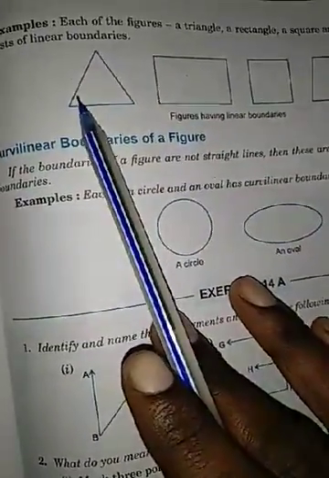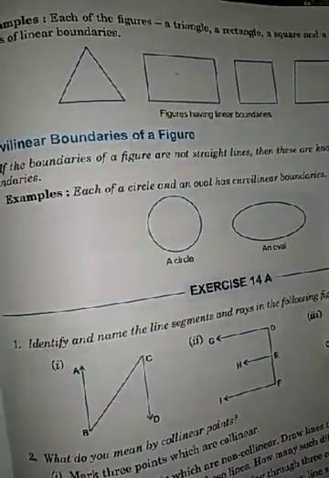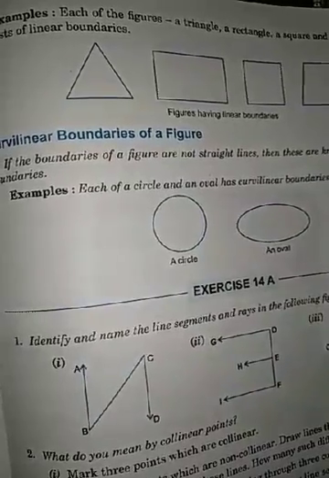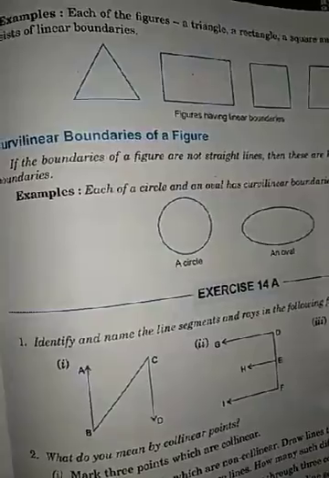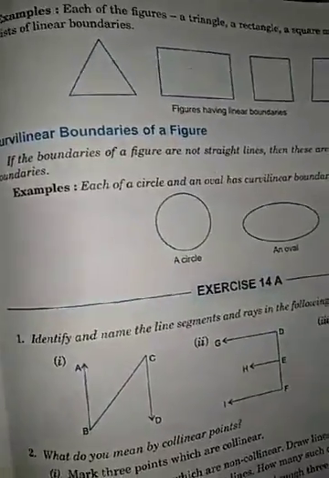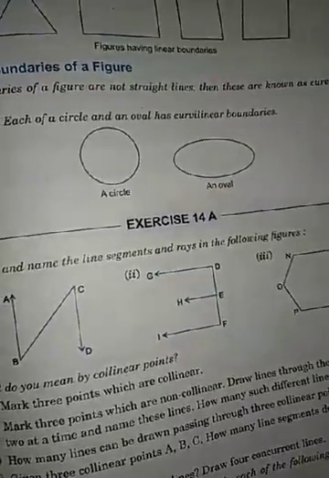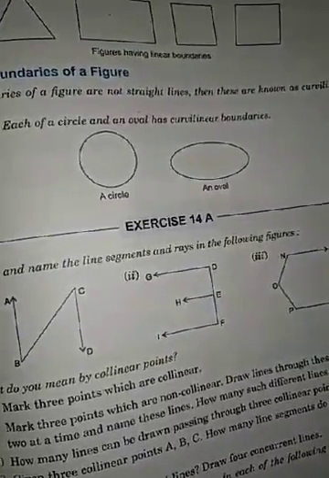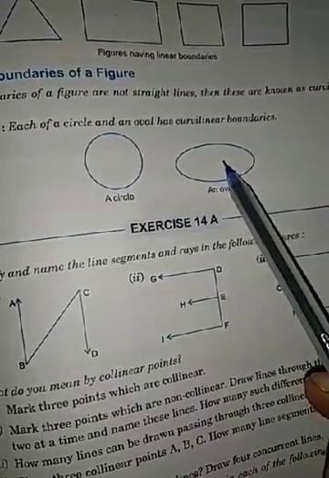For example, the sides of the rectangle, square, and parallelogram consist of linear boundaries because each side is a straight line. Now curvilinear boundaries of a figure. If the boundaries of a figure are not straight lines, then these are known as curvilinear boundaries. For example, the boundary of a circle, the boundary of an oval.